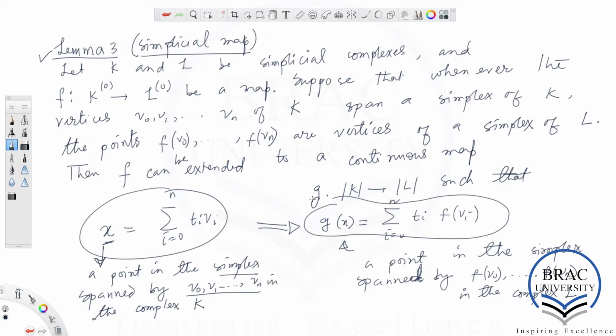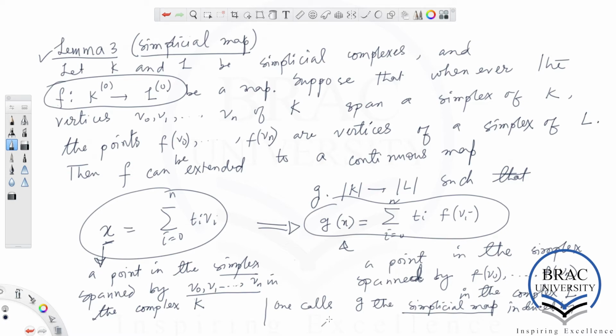So one calls g the simplicial map induced by the vertex map f.